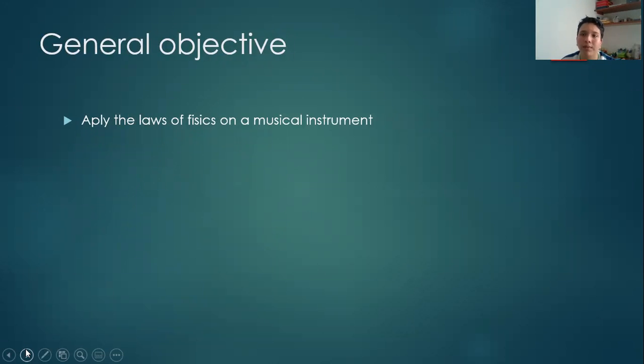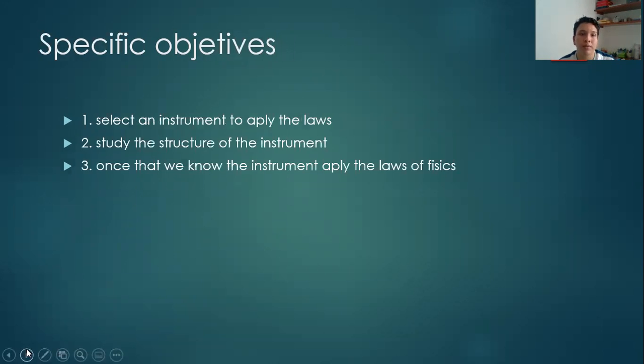So, the general objective of this project was applying the laws of physics to musical instruments. The specific objectives were: one, select the instrument to apply them to, because as you know, there are many kinds of them. For example, the violin, the piano, the drums, there are a lot of them.